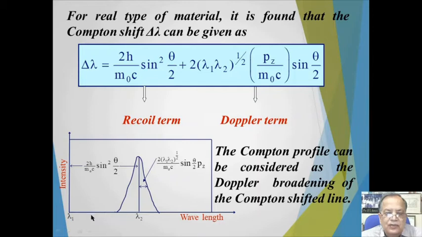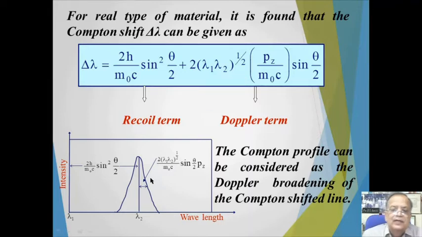The incident photon has wavelength lambda 1, and the scattered photon has wavelength lambda 2. The separation, lambda 2 minus lambda 1, is governed by the first term, and the broadening in the profile is governed by the second term, right?